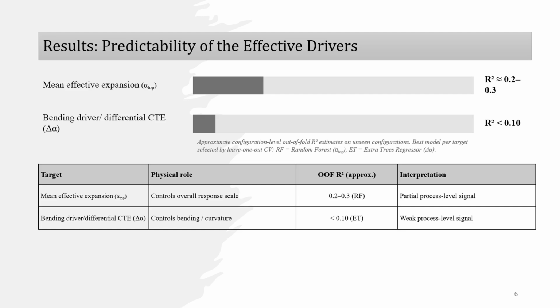The overall expansion scale appears to be partly encoded in the nominal printing parameters. However, the differential mechanism that produces curvature is much harder to capture. This suggests that bending depends more strongly on hidden internal states generated during printing.